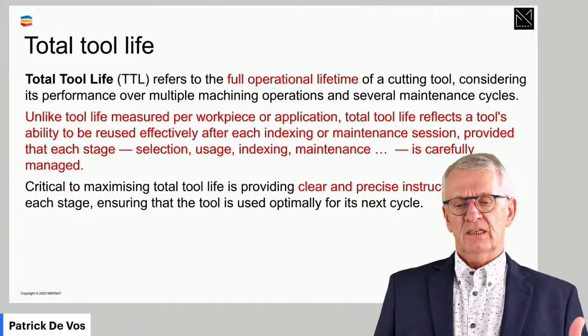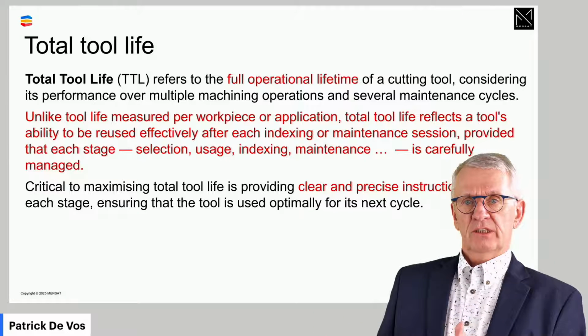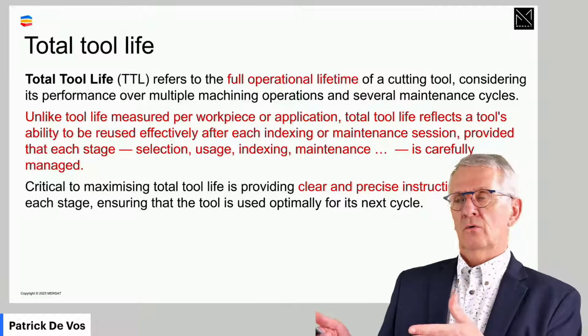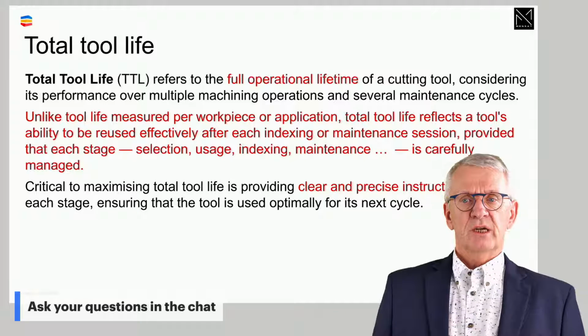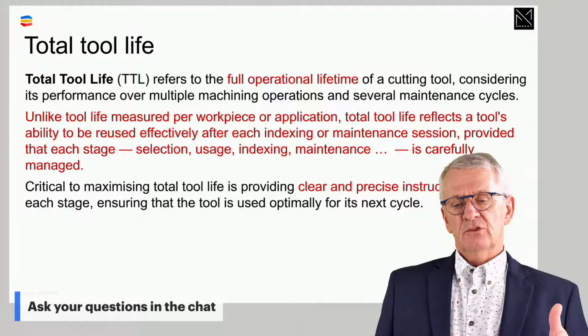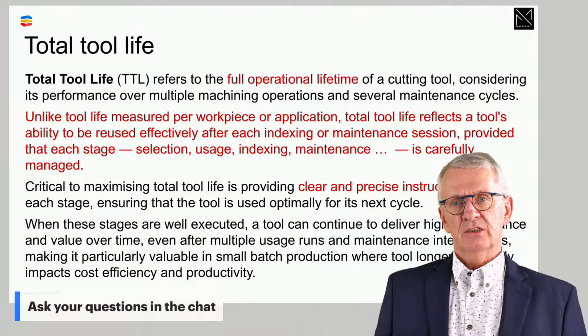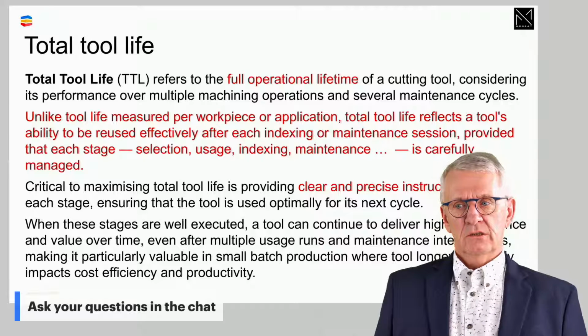Total tool life starts with selection of cutting tools, and it ends when somebody decides we can't use this tool anymore, it's totally used out, so we send it in for recycling, or we throw it away. That is the total lifespan we talk about. And if you want to have that maximum, critical again is that in between different stages you have clear instructions for people for what to do next.